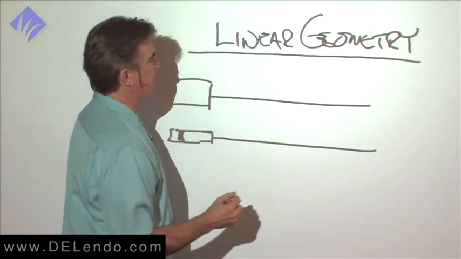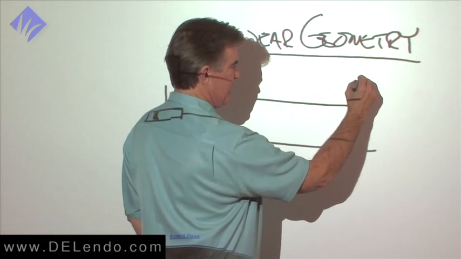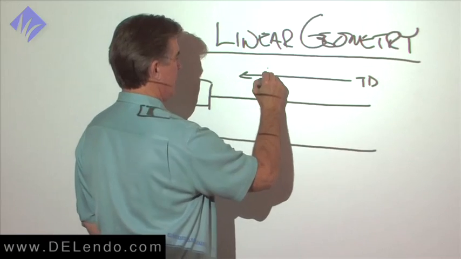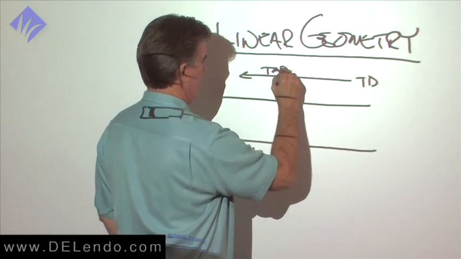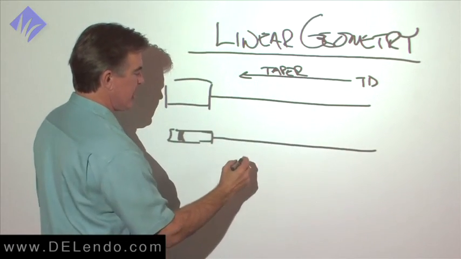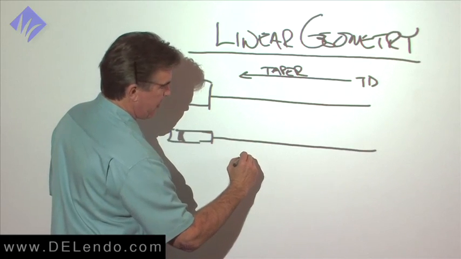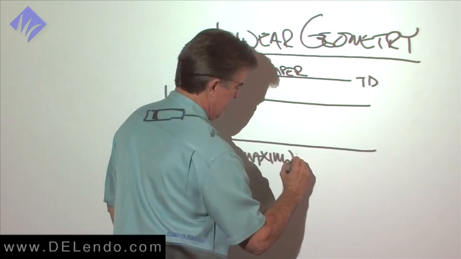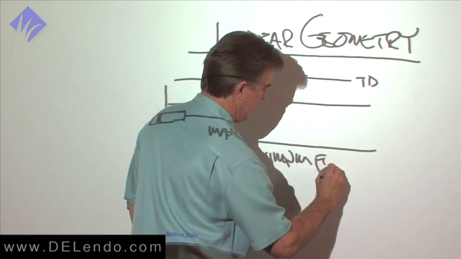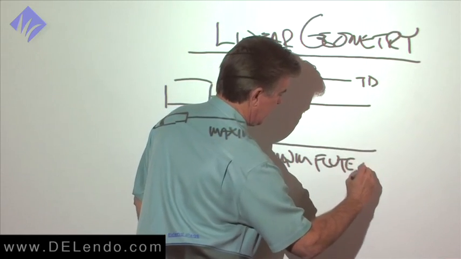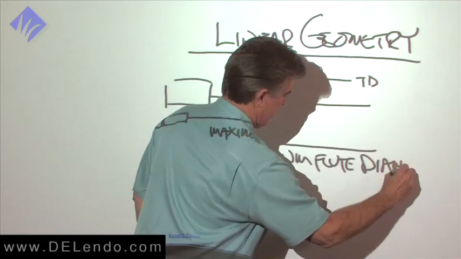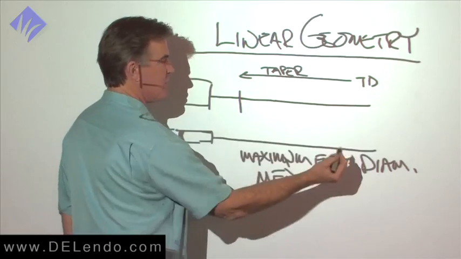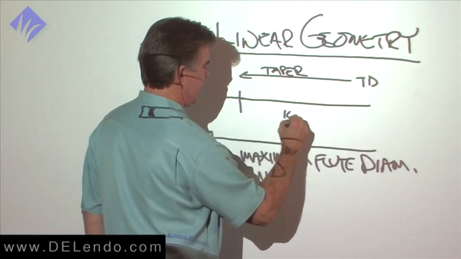As I've been mentioning, we're going to mention tip diameter, we're going to mention taper, and something new is we're, at least in some of the files, going to mention maximum flute diameter, or MFD. What does this mean? Most files have 16 millimeters of cutting flute.